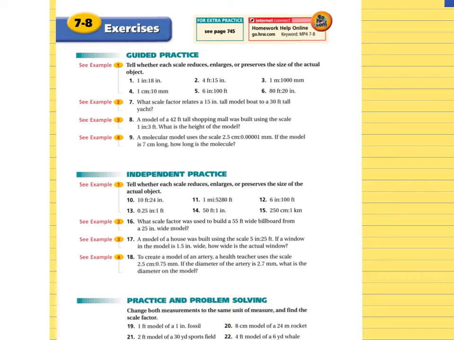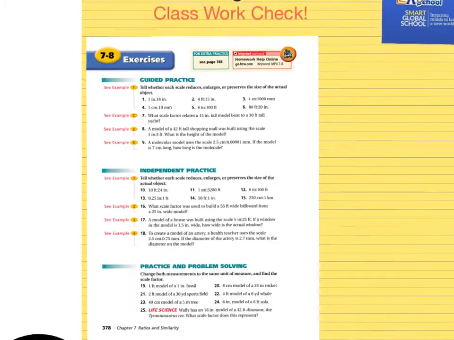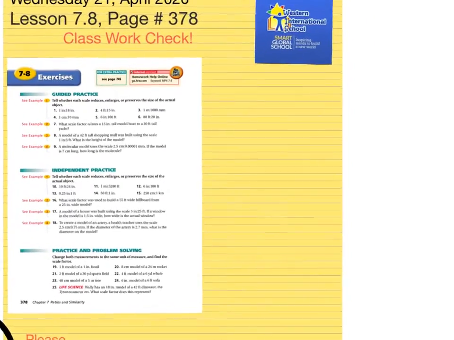I remember I said exercise number 7, exercise number 8 in the classwork, and also exercise number 16. So today we're going to try to solve them and review the class from lesson 7.8.